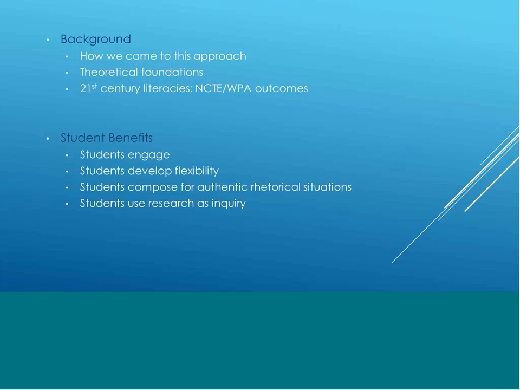We're going to cover quite a bit of ground today, so here's just a quick overview. We'll first talk about how we came to this multi-genre, multimodal approach, and we'll talk about some of the theoretical foundations of the book, the Bedford Book of Genres. And then we're going to look at student benefits, look at ways that this approach helps students engage more and develop flexibility along with other things.